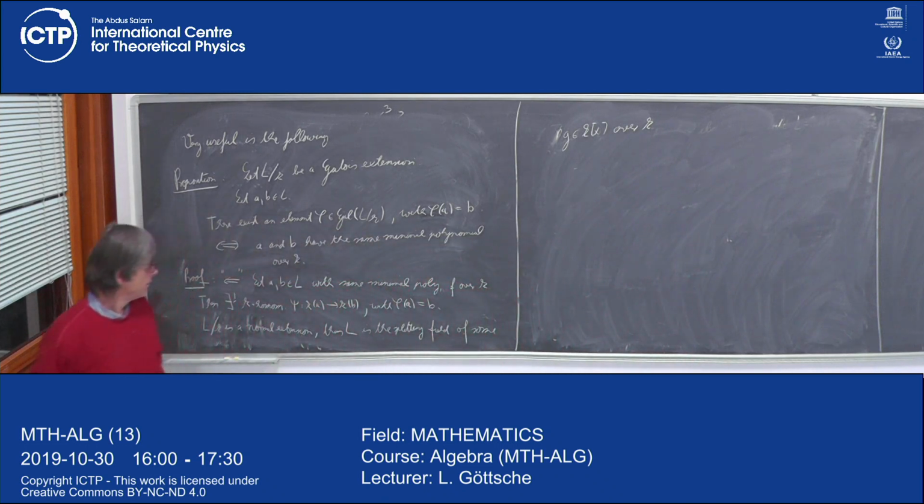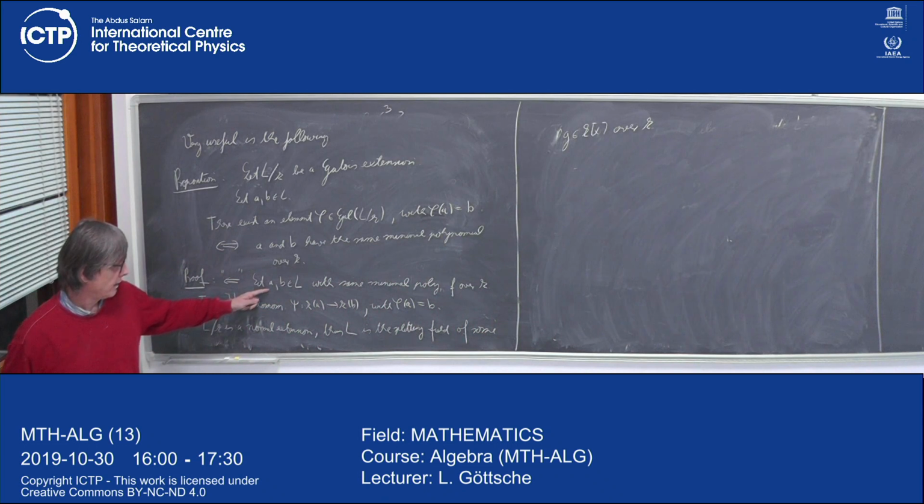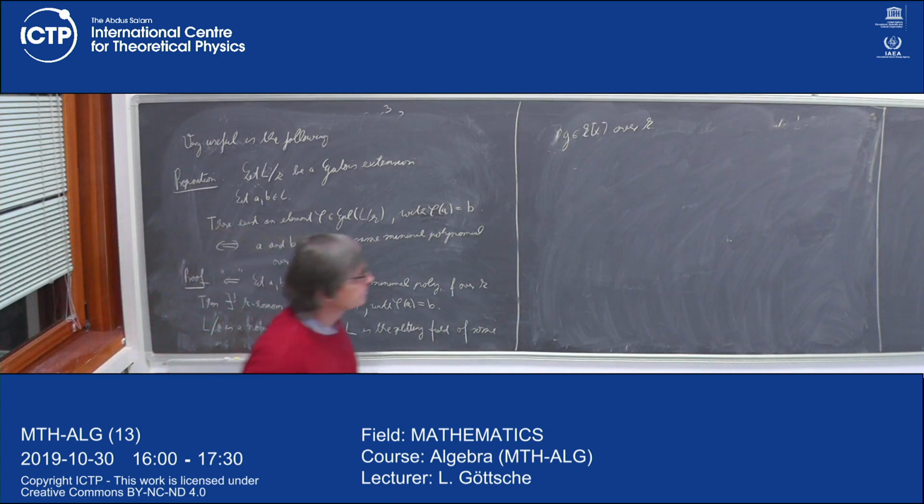But A and B are in L, so K(A) and K(B) are intermediate fields.